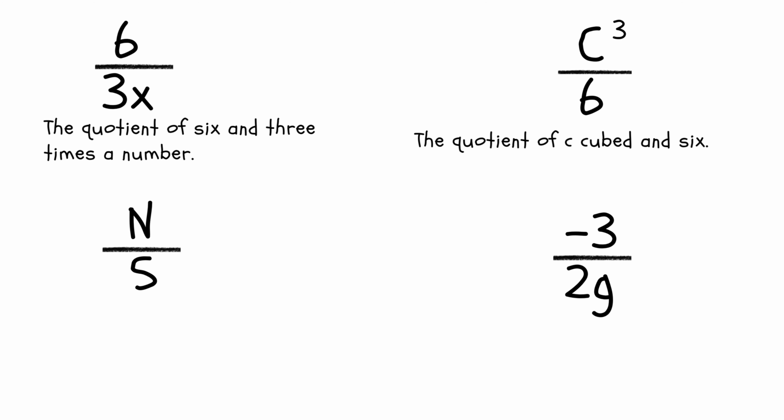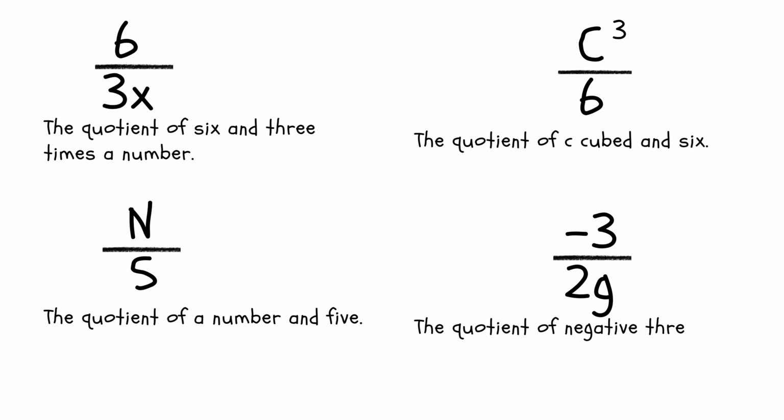For n divided by 5, since we don't know what n is, we can simply write it as the quotient of a number and 5. And finally, for negative 3 divided by 2g, we can express this as the quotient of negative 3 and twice a number.